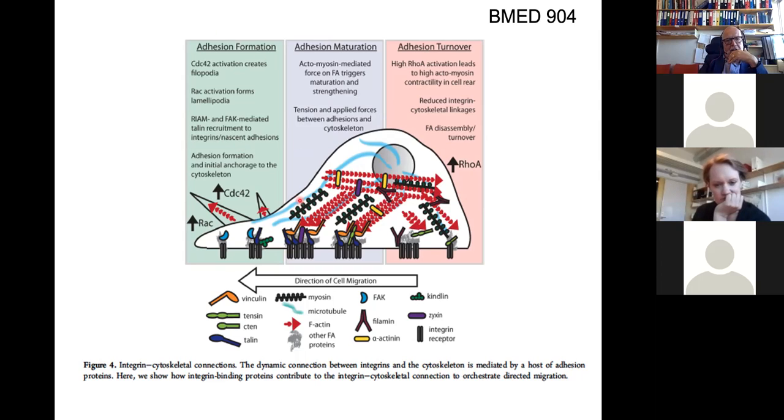This is an old slide showing the activity of just these three GTPases in a cell, where RAC and CDC42 are active at the front of the cell, whereas at the back of the cell, where processes have to be activated so that the cell comes loose and can move forward, RhoA is active. And in the central part of the cell, of course, Rho is active to generate the stable feet, the stable focal adhesions that exist there. So this is just to illustrate that cell migration is a complex process and integrins have a central part in this.